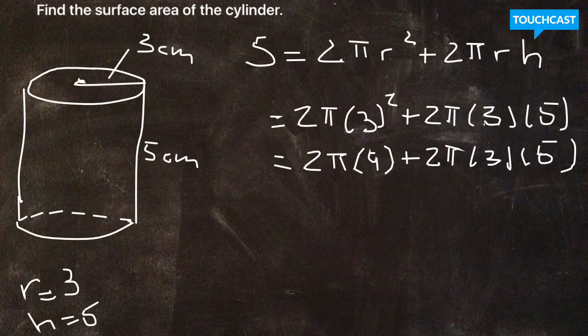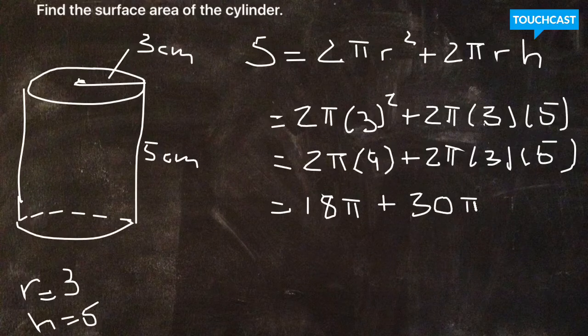Now we can do the multiplication. 2 times pi times 9, that's going to give us 18 pi, plus 2 times pi times 3 times 5 will give us 30 pi. And now we can just add the two terms. We can think of pi kind of like a variable, so we're going to add the 18 and the 30.